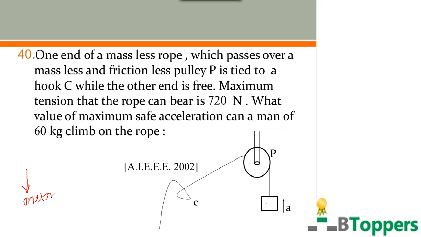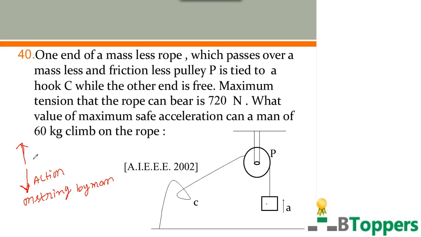So the force exerted on the string by the man acts vertically downwards. According to Newton's third law, to every action there is always an equal and opposite reaction. The action is the force exerted on the string by the man, which acts vertically downwards.